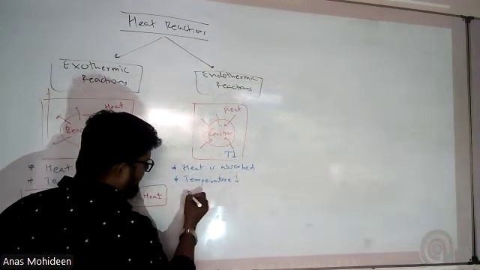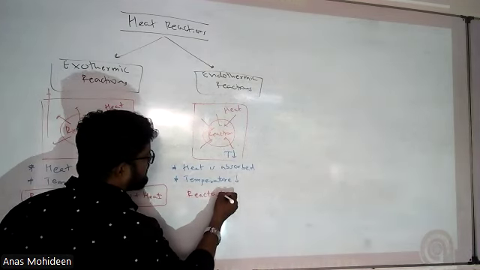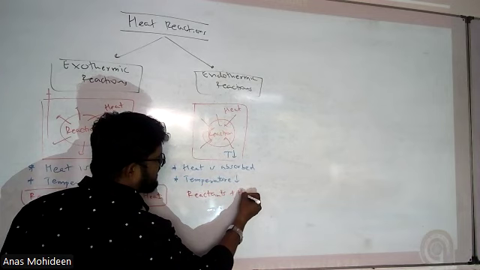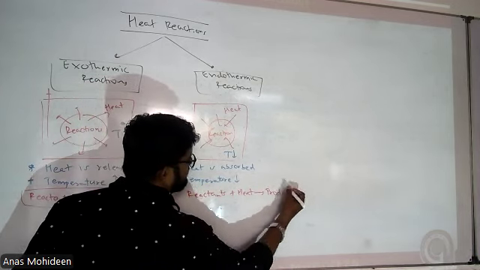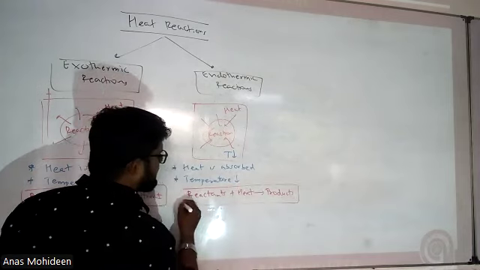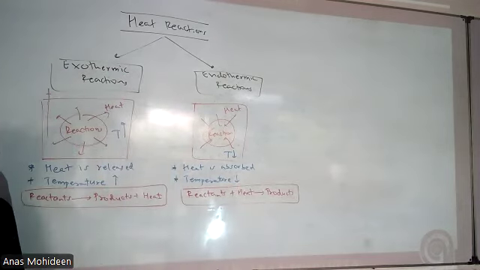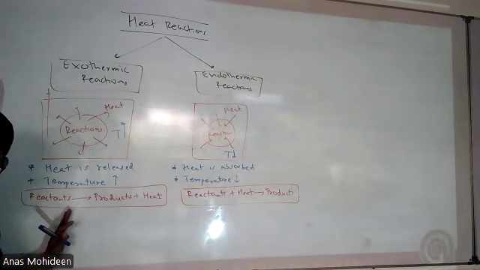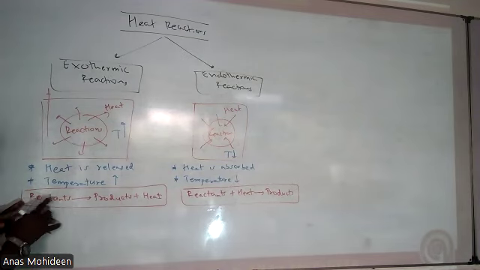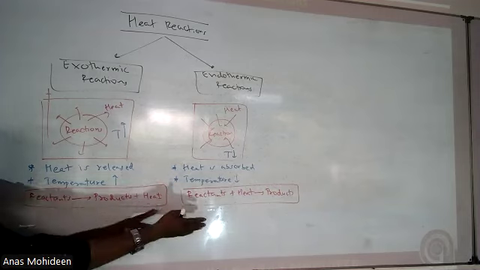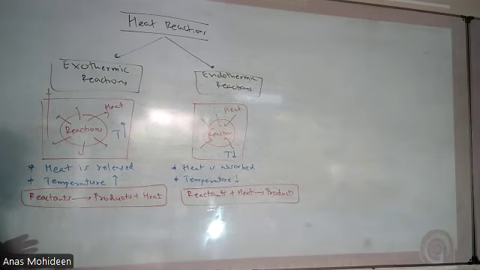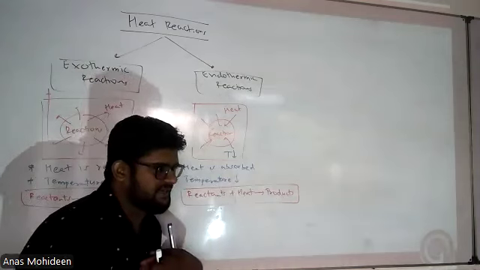And in the endothermic case, it is absorbing heat, so reactant plus heat becomes the product. You understand the difference? This is releasing heat, so it's something like reactant minus heat. Releasing means minus, no? When you take the minus, you say plus heat. Simple. Reactant plus heat, you are absorbing the heat.